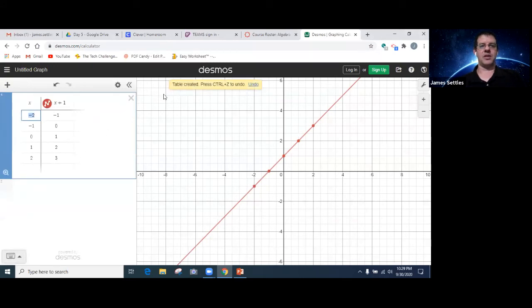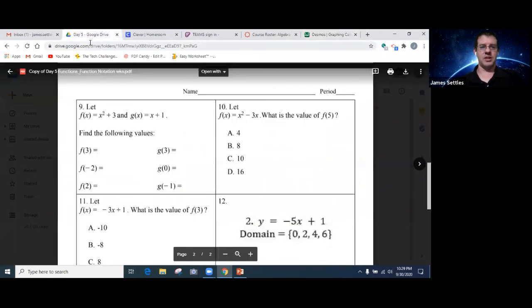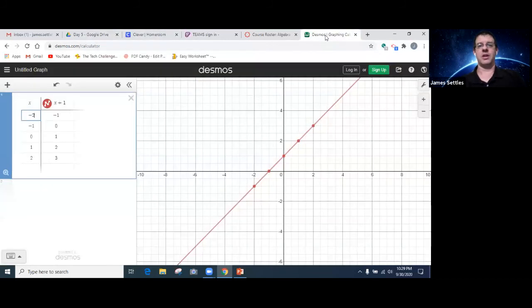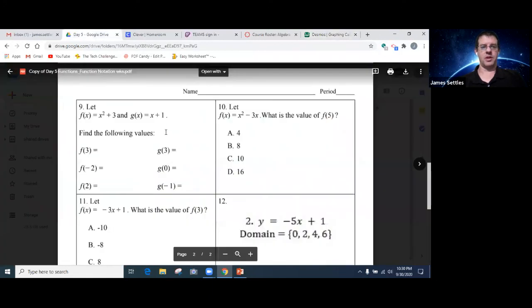All right, and so now I need to know what my numbers were. I wasn't paying attention. So 3, 0, and -1. Now, actually, we already got 0 and -1. So we just need 3. So we're going to go down here, type in 3. So 3 is 4, 0 is 1, and -1 is 0. So we got 3 was 4, 0 was 1, and -1 was 0.